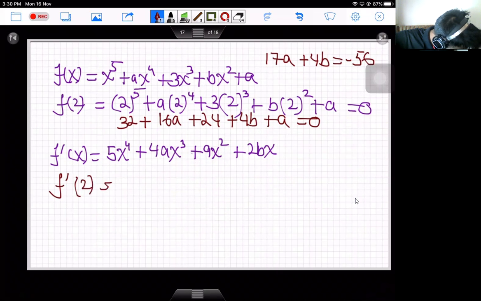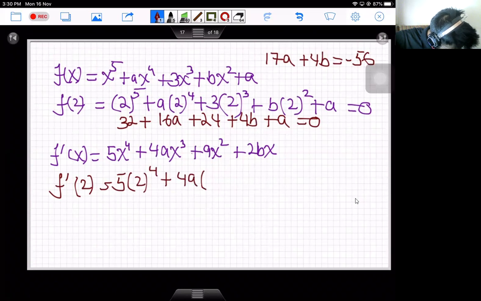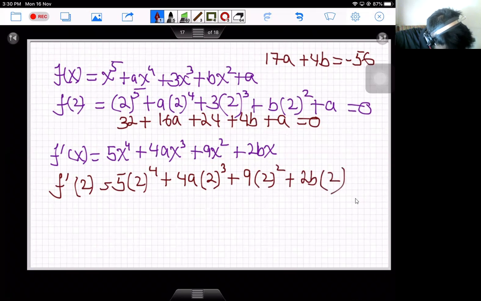Let's see. 5 times 2 raised to the power 4 plus 4a times 2 cube plus 9 into 2 square plus 2b into 2. And this whole thing turns out to be equal to 0. All right.